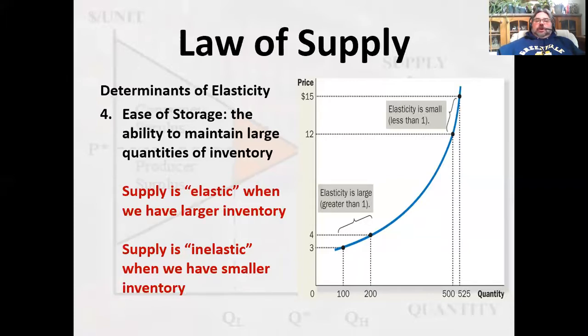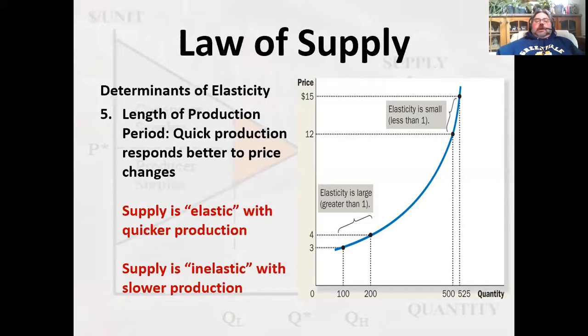If they get a little bit of overage, they might have a little bit of storage room, but not a lot. So a little bit of overage isn't bad. But because they're ordering in such small amounts, there's also a very strong possibility that on any given day, they might be out of the product that you're looking for. So smaller inventory, very inelastic supply; larger inventory, very elastic.